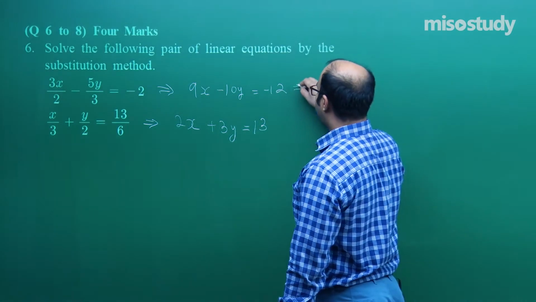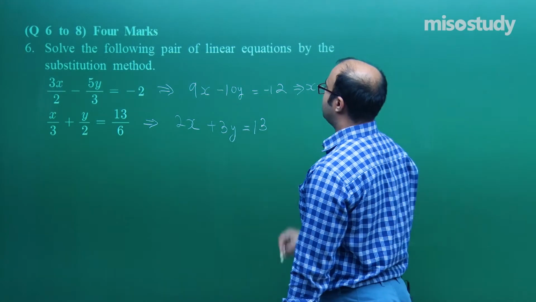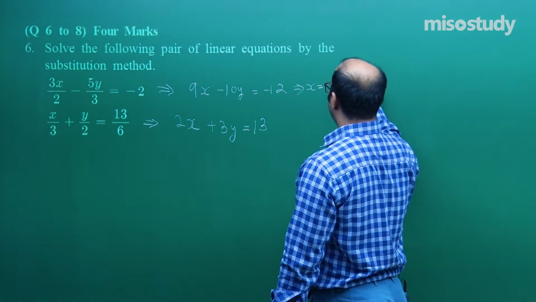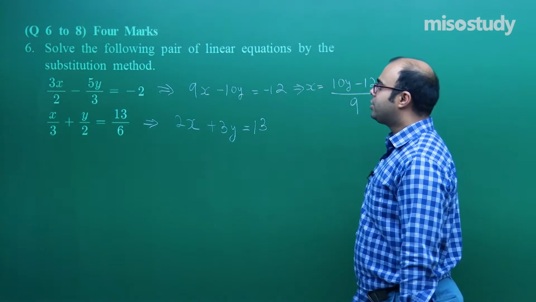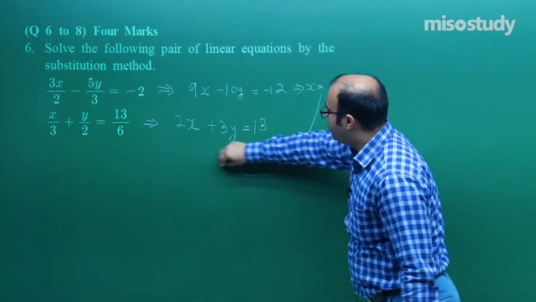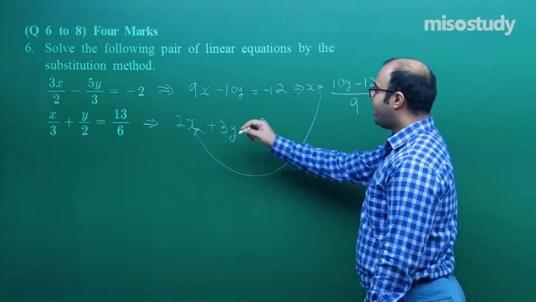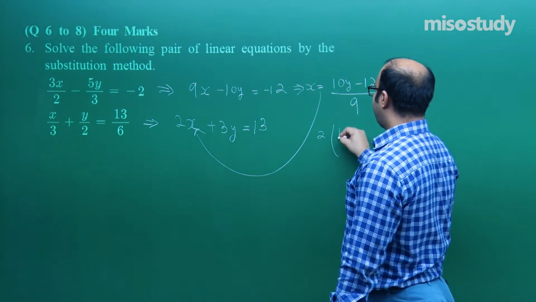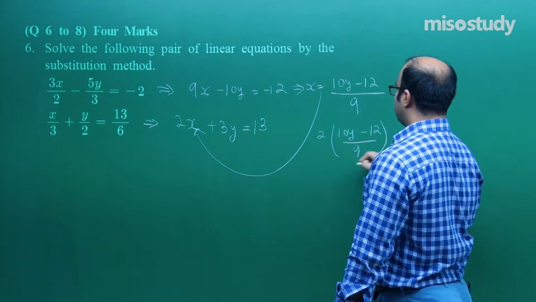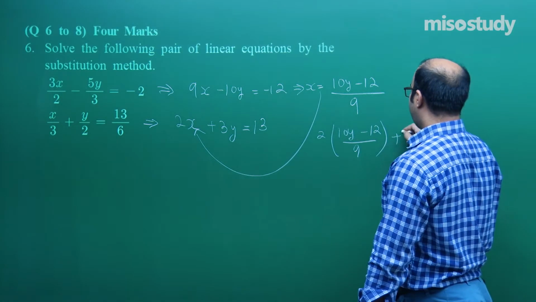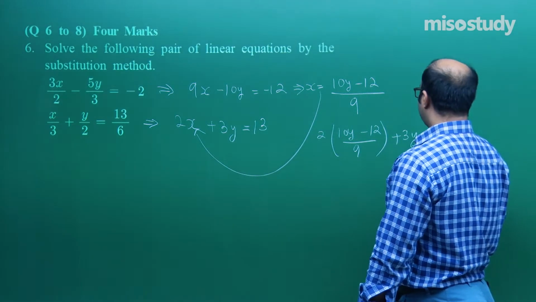So let us take from here x is equal to (10y minus 12) upon 9. Okay students, let us put this x value here in this. So what do we get? Twice of (10y minus 12) upon 9, that is 2x, plus 3y is equal to 13.